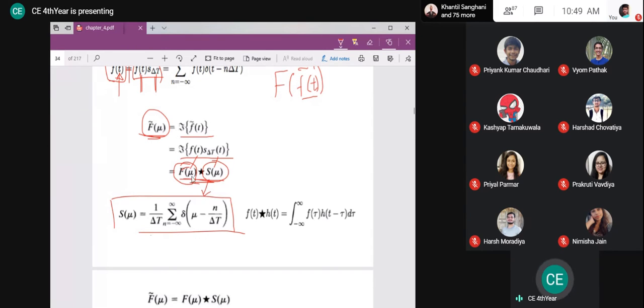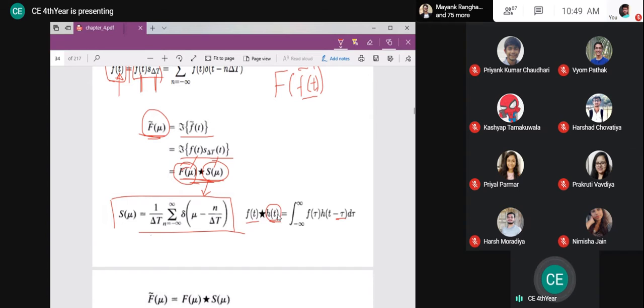Now, what is the definition of convolution? If I want to find the convolution of f of t with h of t, then I should flip one function, multiply it with the original function, and shift by the same amount that I have here.